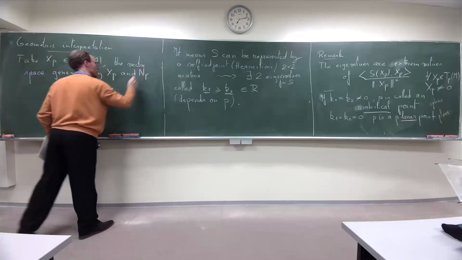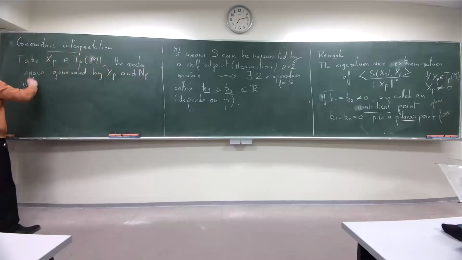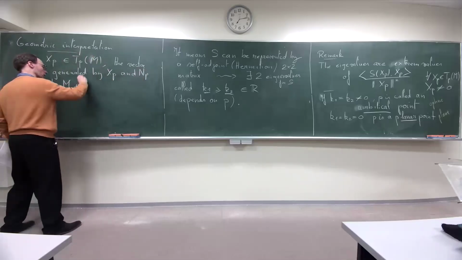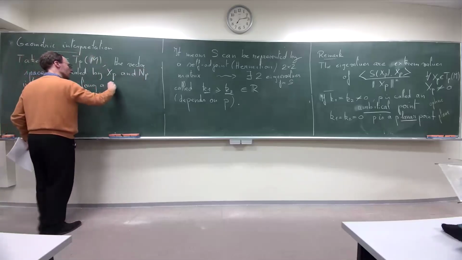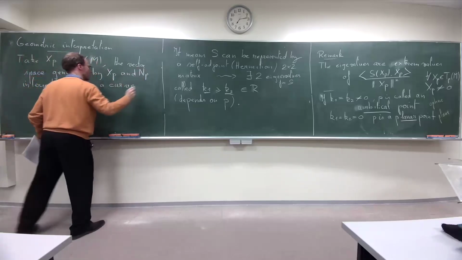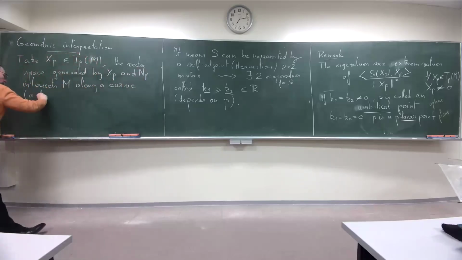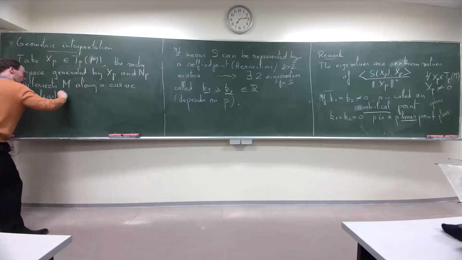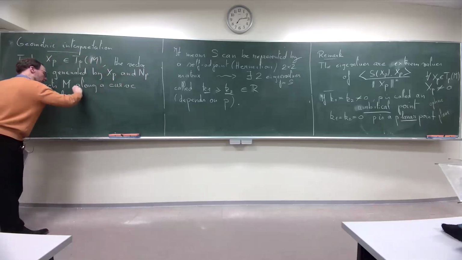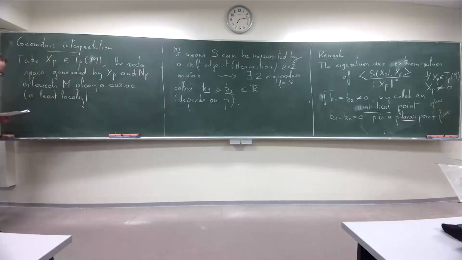It's a two-dimensional vector space, and it intersects M along a curve, at least locally, around P.